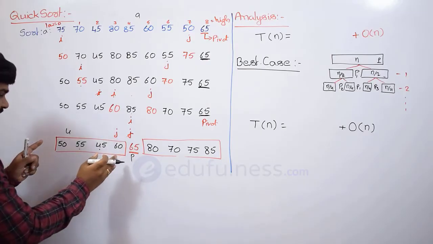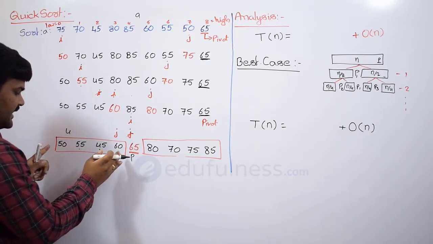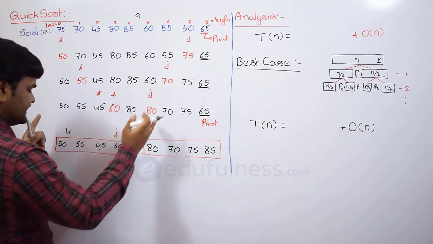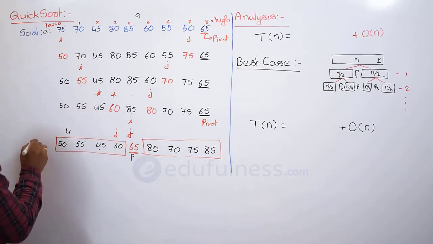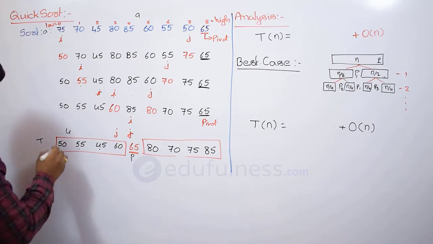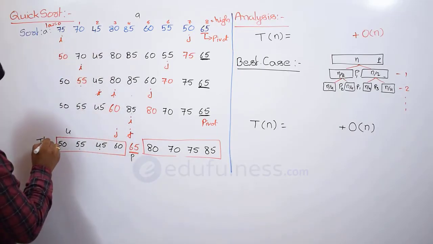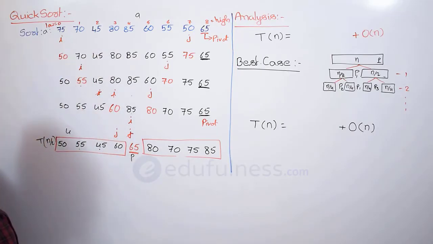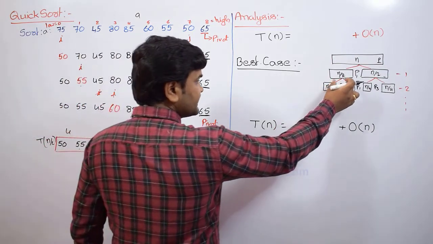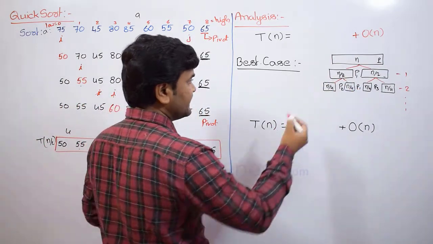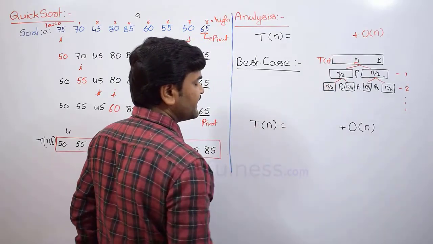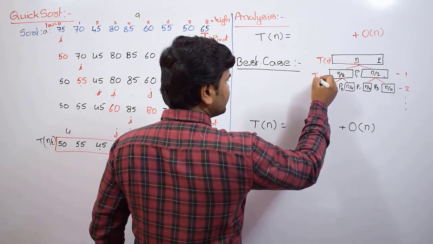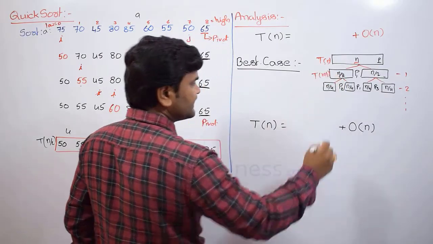Problem size may be different, but the way you solved this one, the same way we are going to solve this one. So the algorithm you applied here with size n takes T of n, but here with size n by 2. To understand clearly: for solving n elements it takes T of n, for solving n by 2 elements it takes T of n by 2.